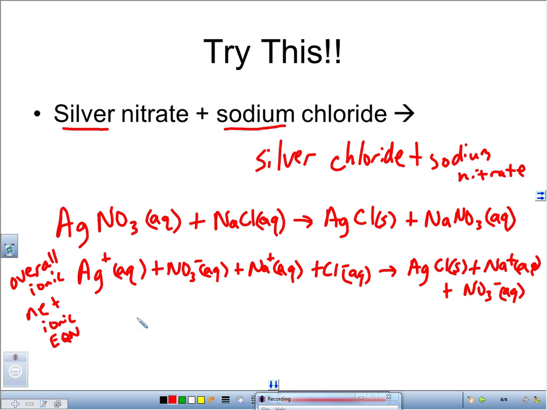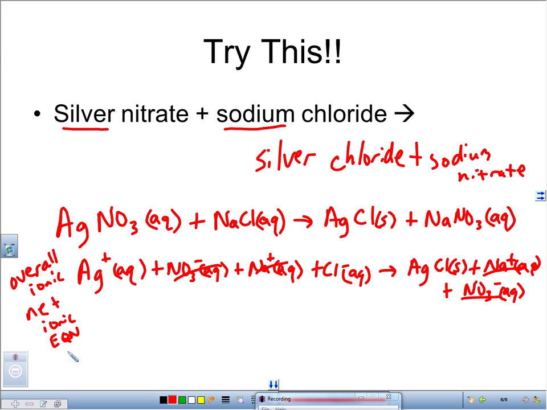Alright, well, I've got some things that are spectators here. I've got some ions that are on both sides, and they're considered spectators. If I look at it, my Ag, my silver, is going to make silver chloride. My nitrate here, though, is a spectator, so I'm going to get rid of that guy. And my sodium is also a spectator, so I'm going to get rid of that guy.